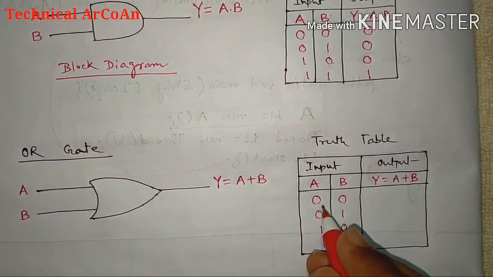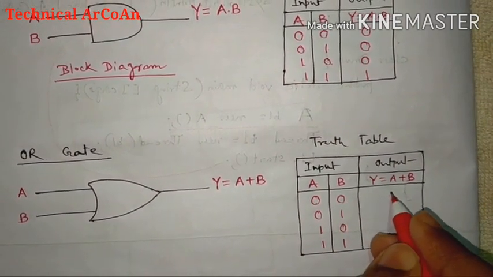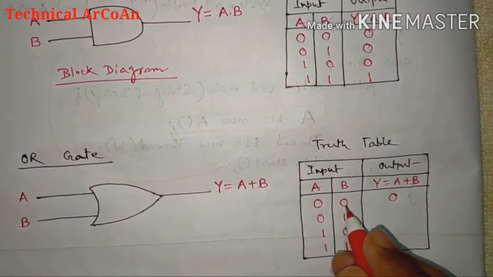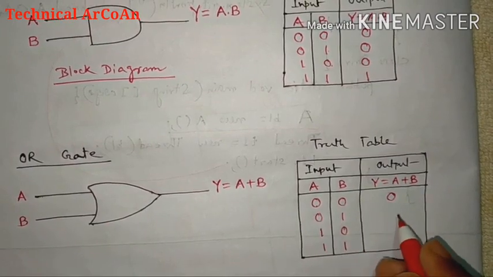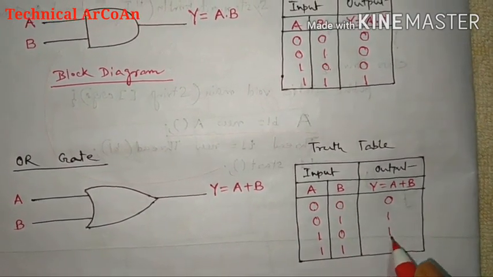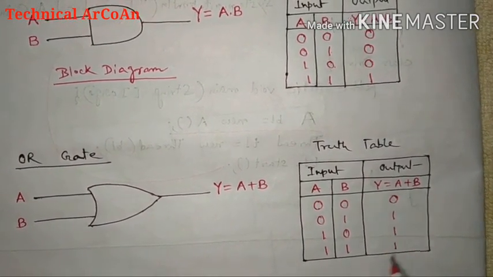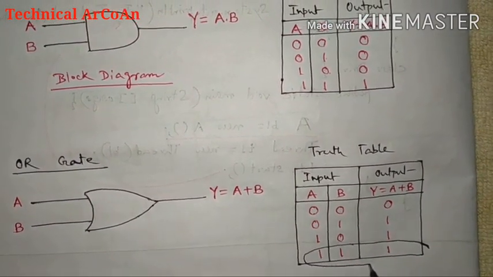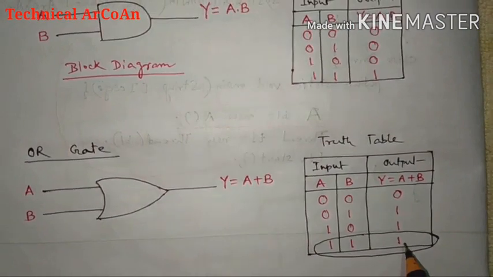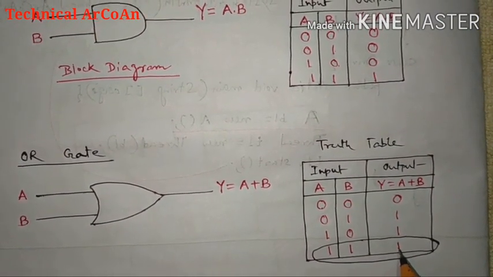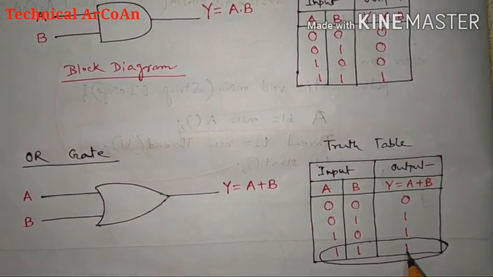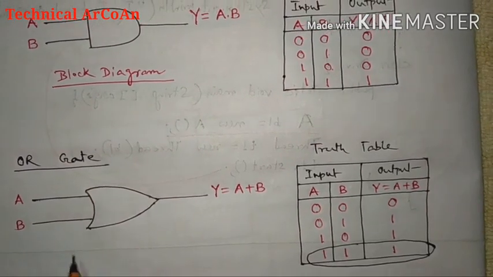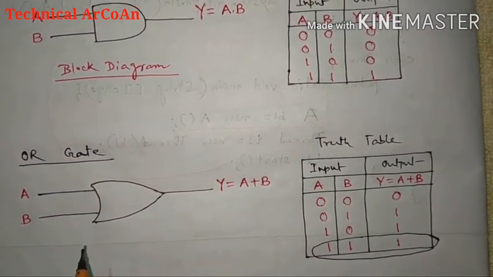Now we calculate. For 0 0, the output is 0, because 0 plus 0 is 0. 0 plus 1 is 1. 1 plus 0 is 1. And 1 plus 1 is 1. I already told you that this statement should be remembered very carefully, because this is a Boolean operation, not a binary operation. Clear? This is the block diagram for the OR gate.